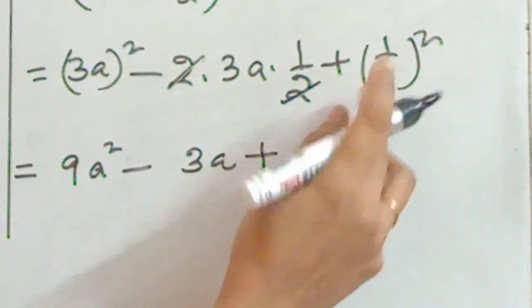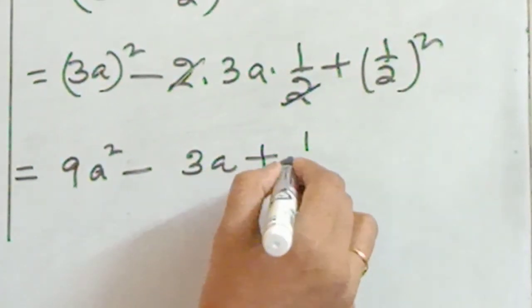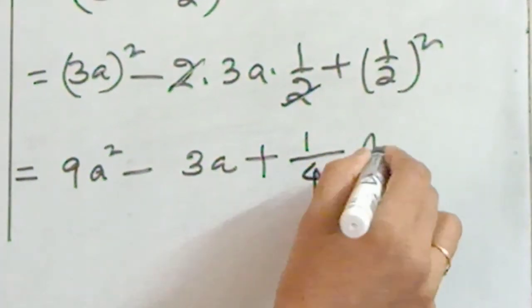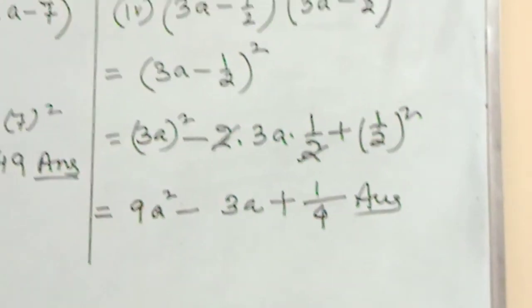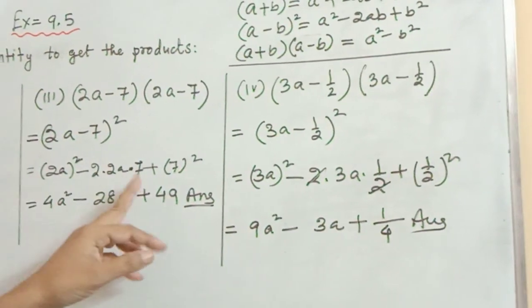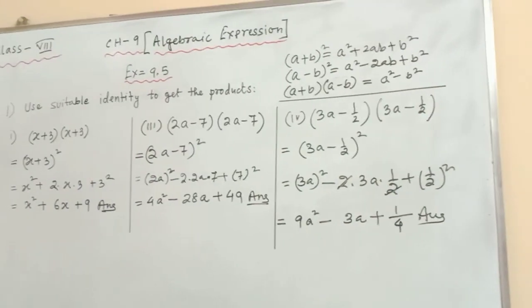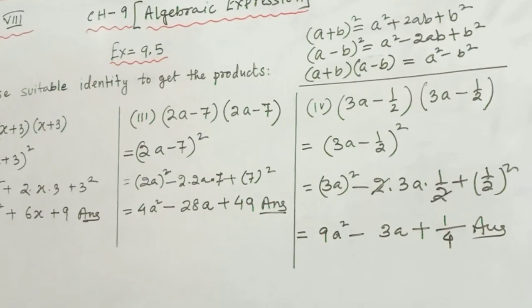So plus 1 by 2, 1 1 is 1, 2 2s are 4, and this is the answer of this sum. Okay, by applying the identities we have done only 3 sums, and question number 2 I have given you as homework. Practice this. Thank you, students.